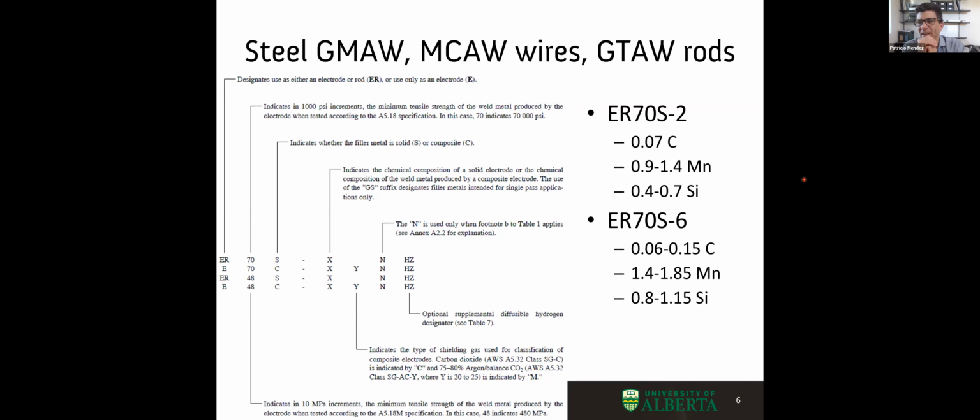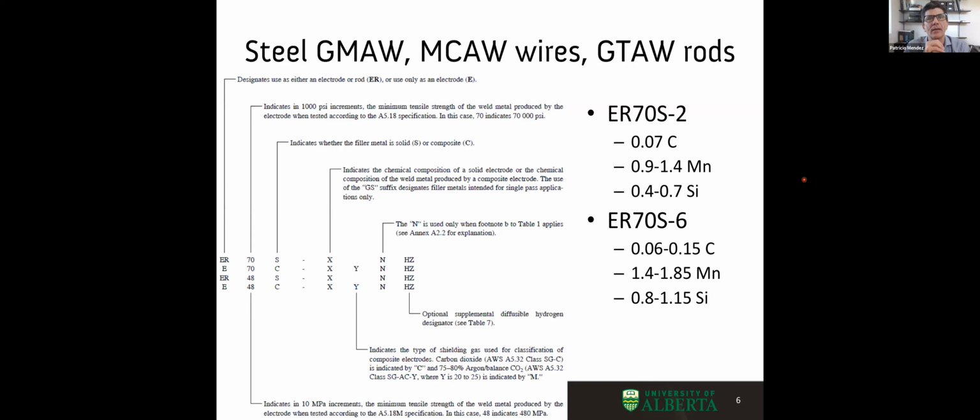Oh, interesting. Okay. I have a suggestion for 2 and a suggestion for 6. So let's think together. If the plate is rusty, that means we'll have some amount of oxide, which means oxygen. Oxygen is typically bad for your weld. And how do you take the oxygen out of the weld?